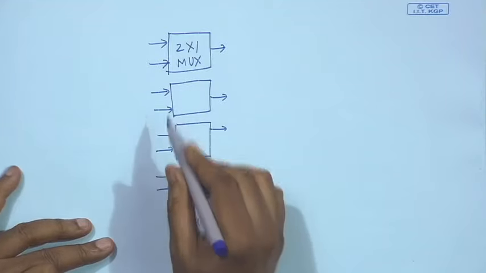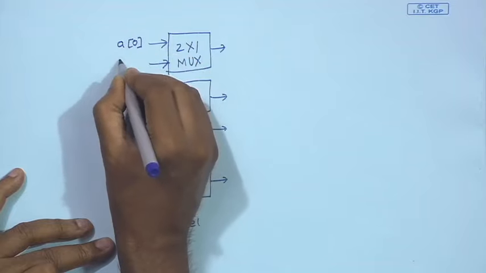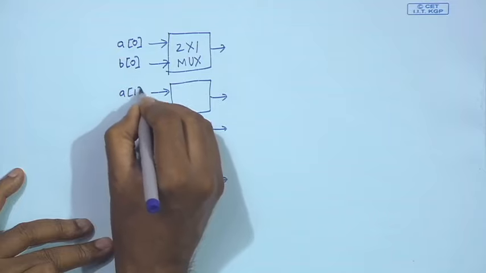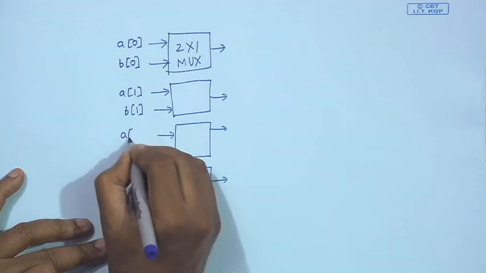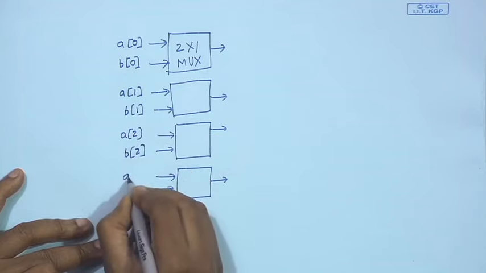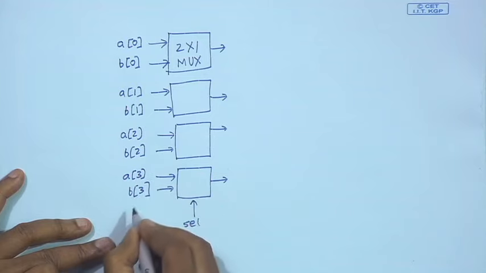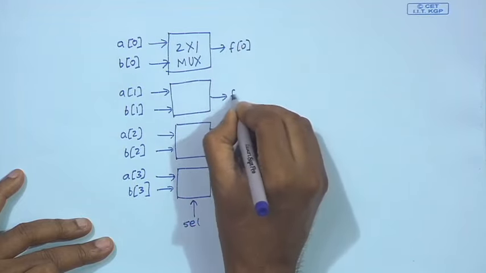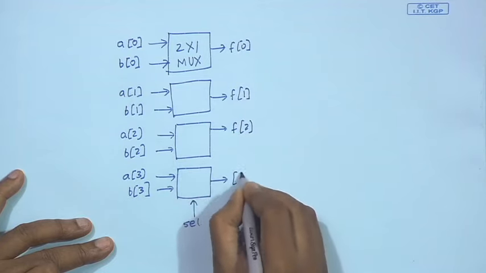For the inputs, we connect A0 and B0 to the first one, A1 and B1 to the second, A2 and B2 to the third, and A3 and B3 to the fourth. On the output side, the outputs go to F0, F1, F2, and F3.